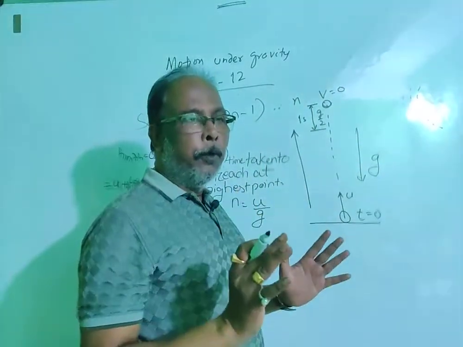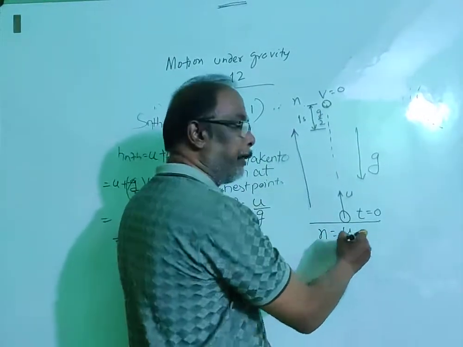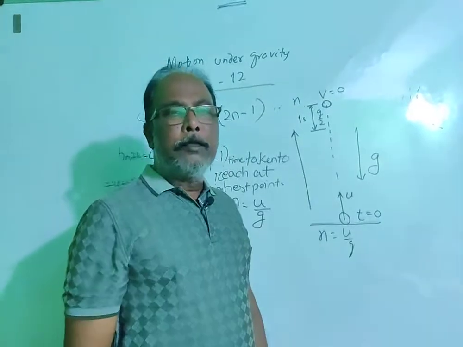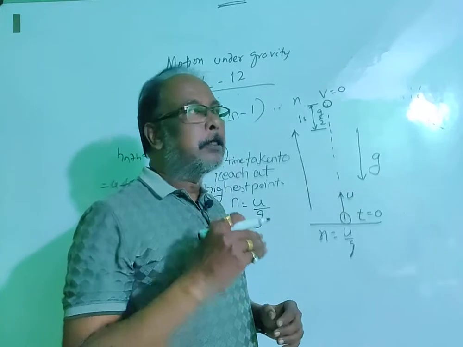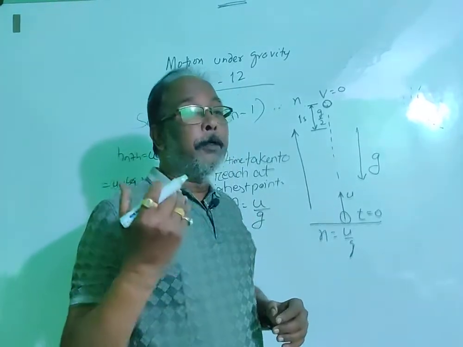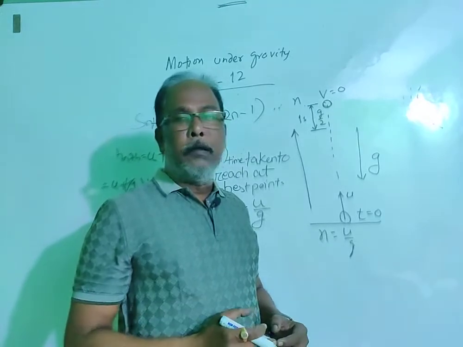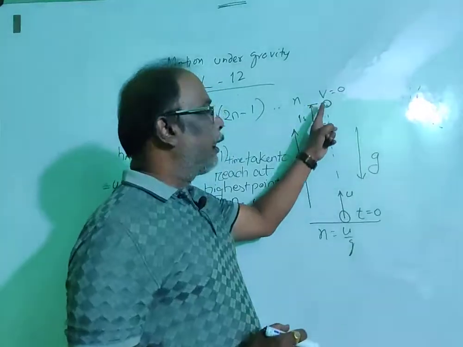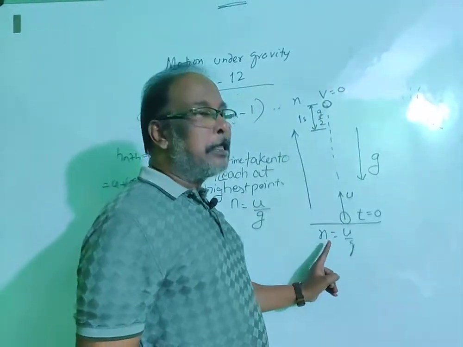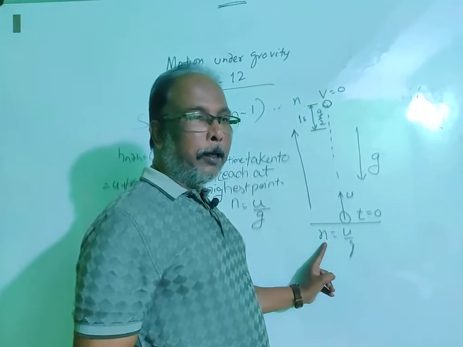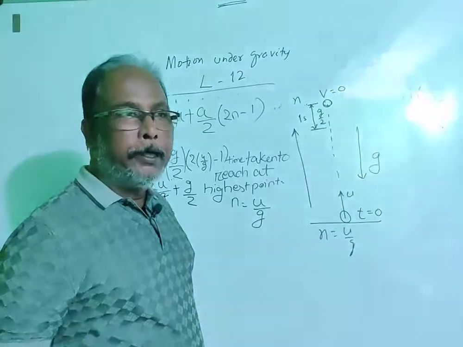As we know, time of ascent n is equal to u by g, as we discussed in lecture number 10, the total concept on motion under gravity.